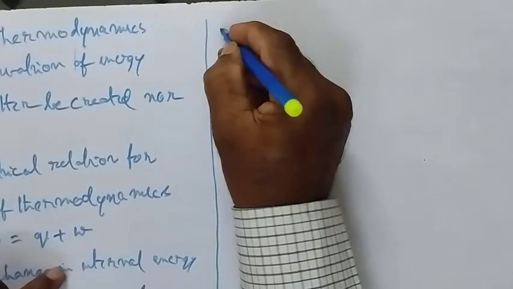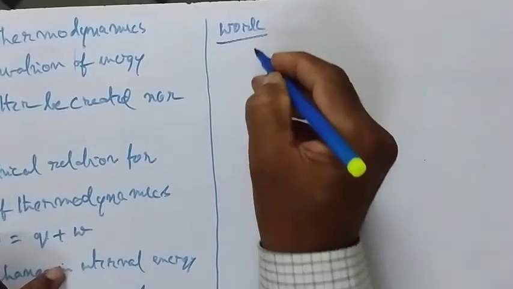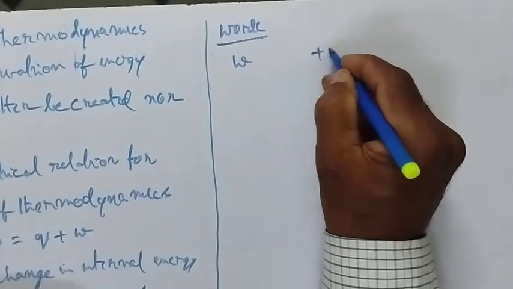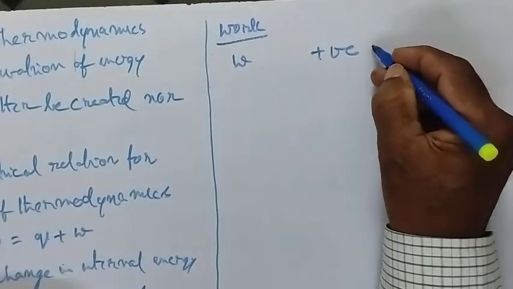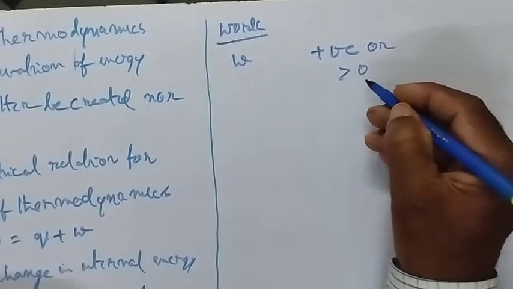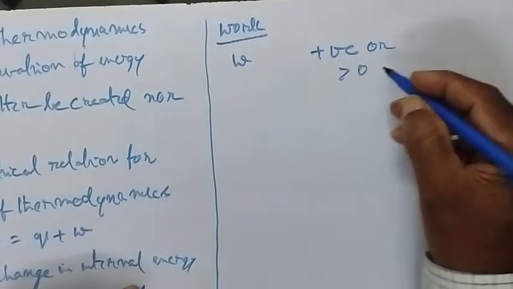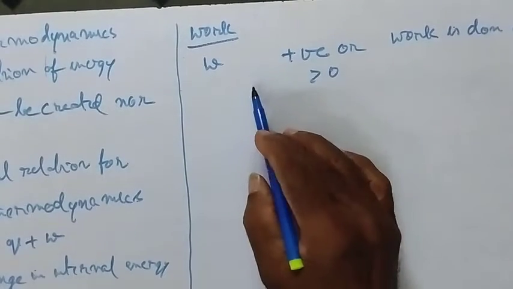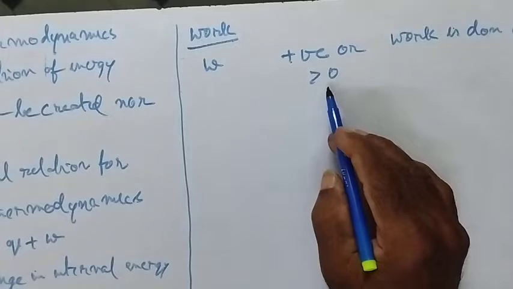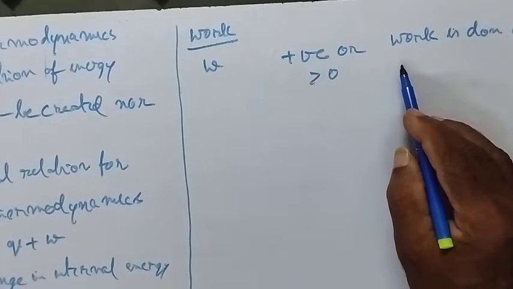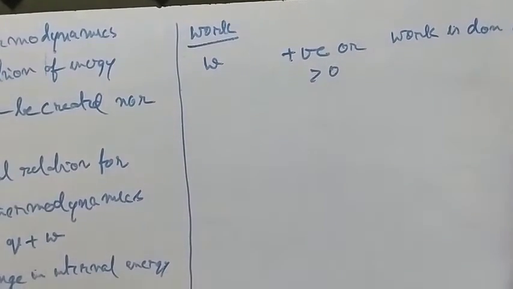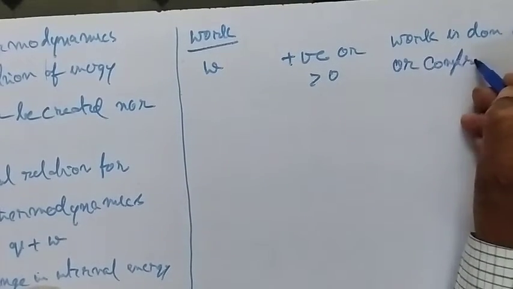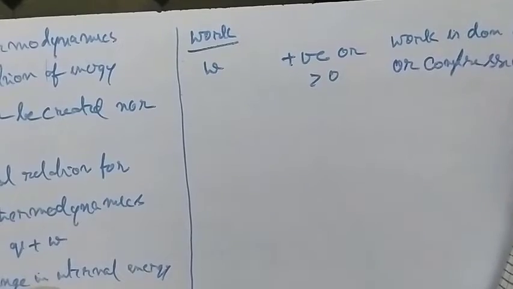In the same manner, work. Let us recollect what we discussed about work in the previous module. If work is positive or greater than 0, then work is done on the system, that is, compression of gas.